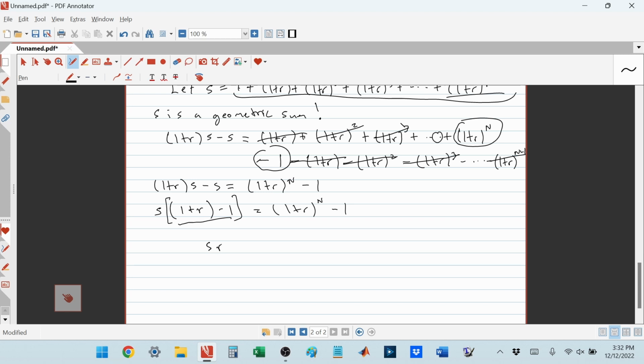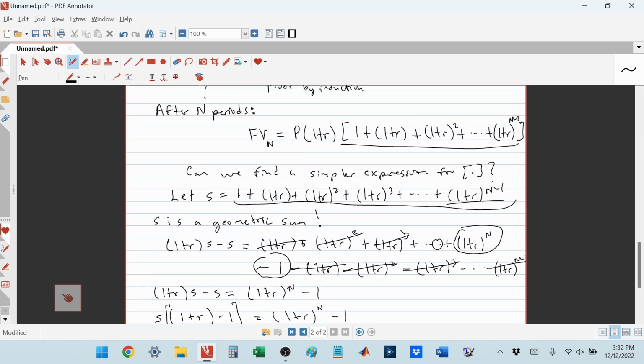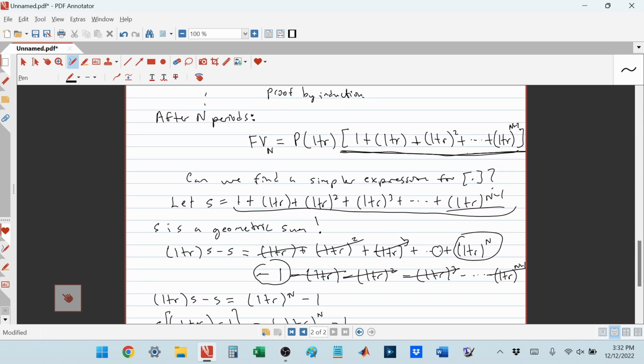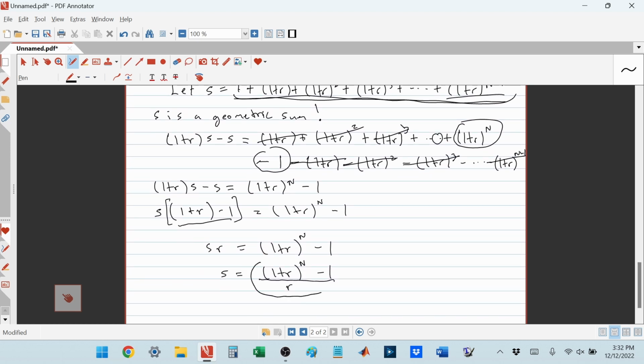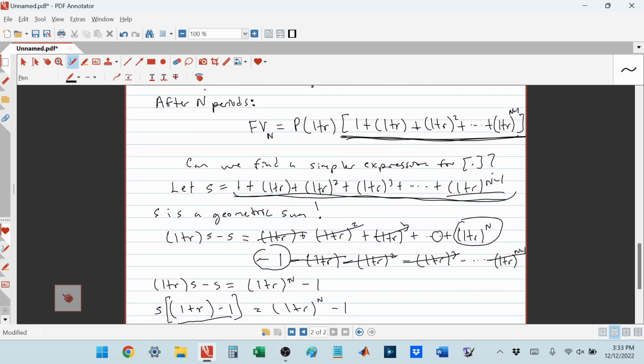We're left with S times R equals 1 plus R to the power of n minus 1. And that implies that S is 1 plus R to the power of n minus 1 divided by R. So that big expression inside the brackets that we called S is actually equal to this. They're equivalent.